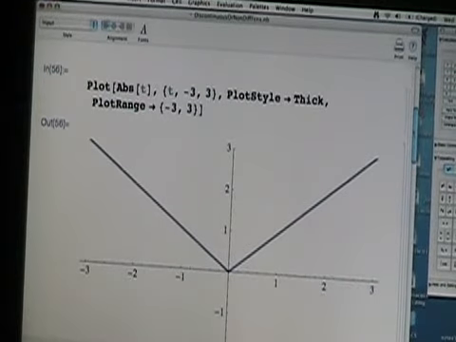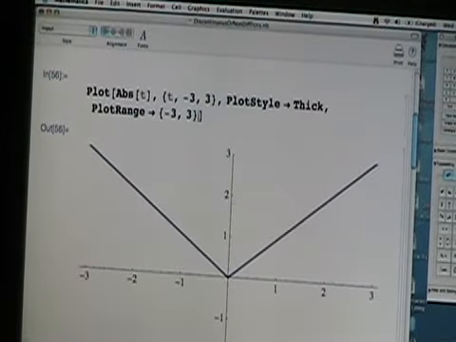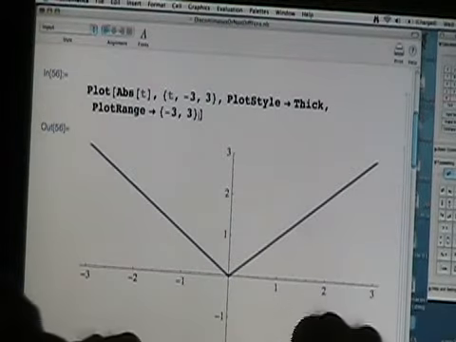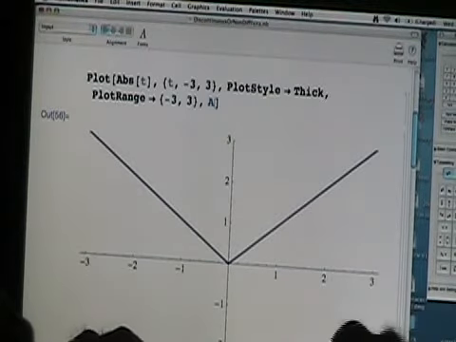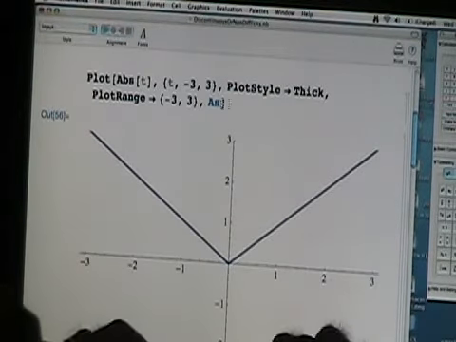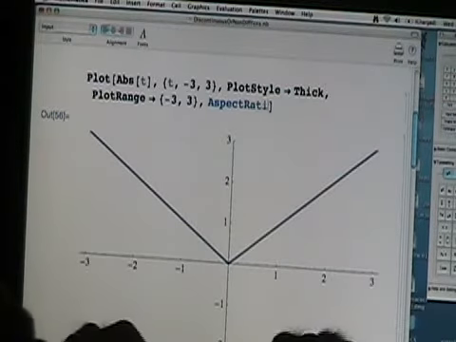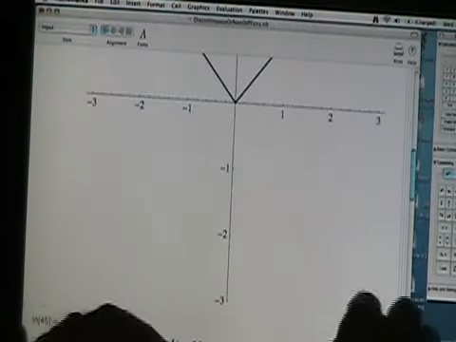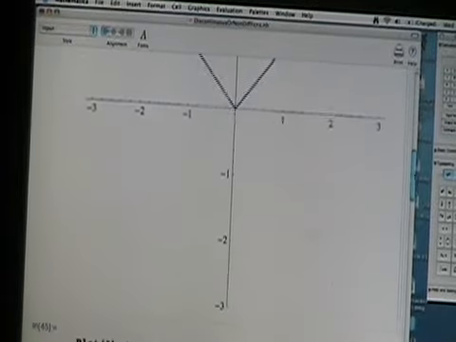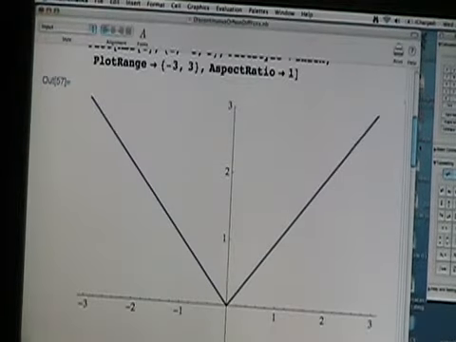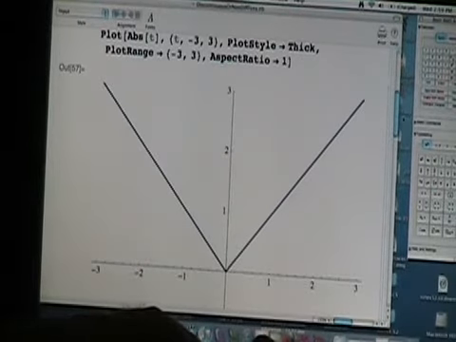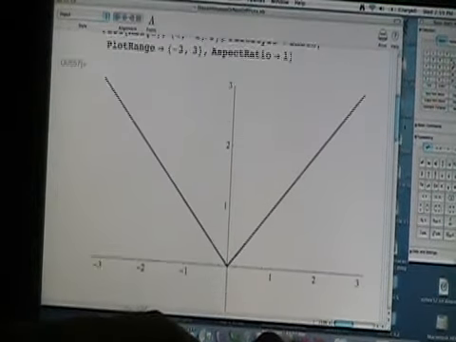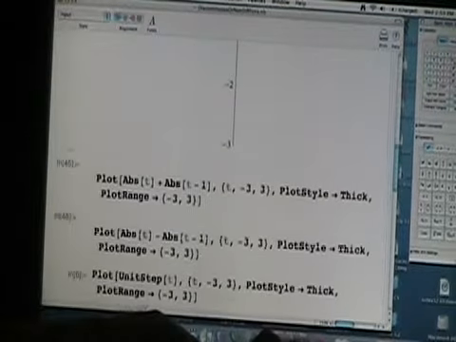If you wanted to make that look more like the true graph when the scales are the same, aspect ratio set to 1 will make that look more like it should. Look like a true V like that.